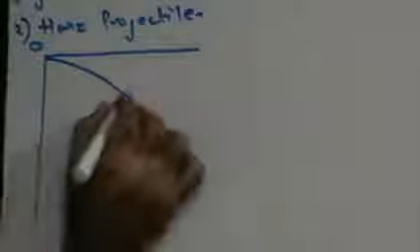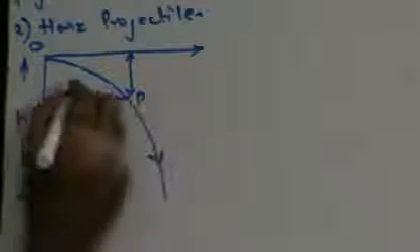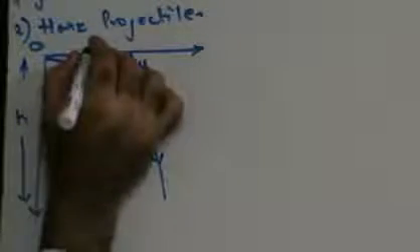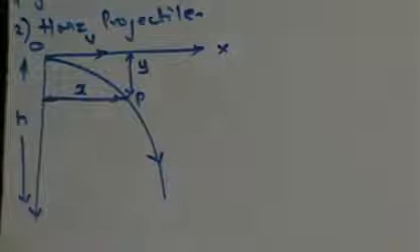Let us assume a point P where the body has covered some distance in horizontal direction and some distance in vertical direction. Let's assume that the total height that the body has to cover is h. It has covered a distance of x with respect to horizontal and y with respect to vertical, and the body is moving along x-axis with a velocity of v.